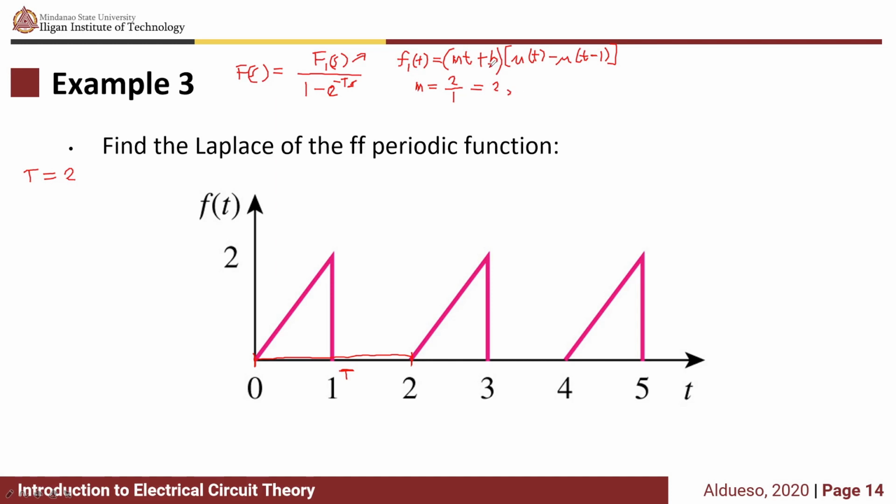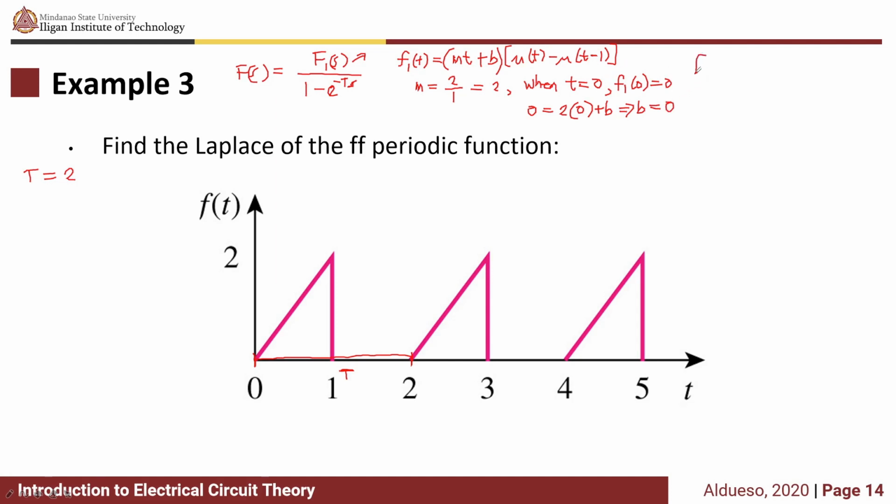Next is we need to find the value of b. So when t is equal to 0, f1 of 0 is just 0. So solving for b, we have 0 equals 2 times 0 plus b. So we have b just equivalent to 0.